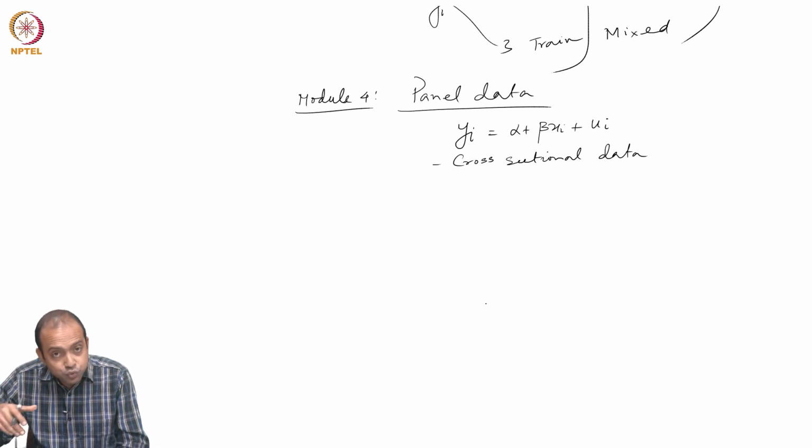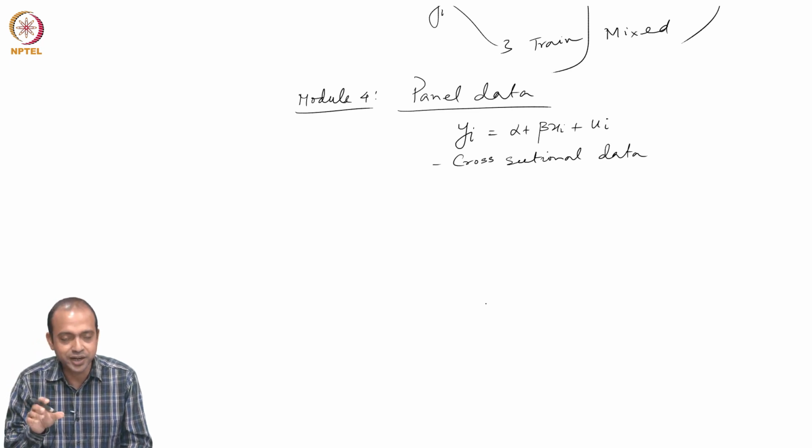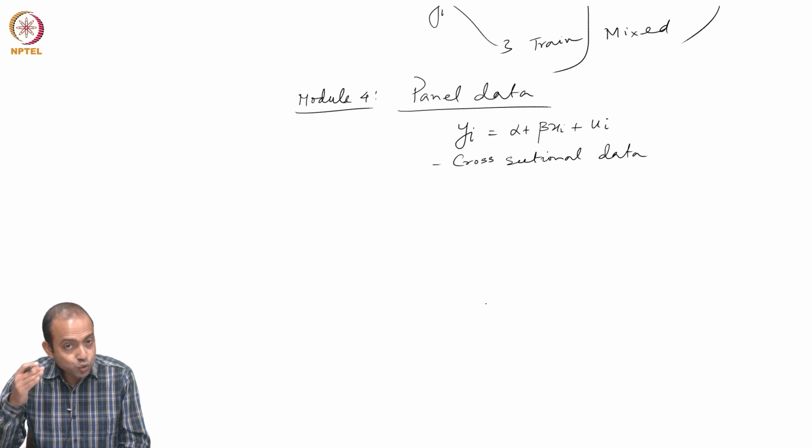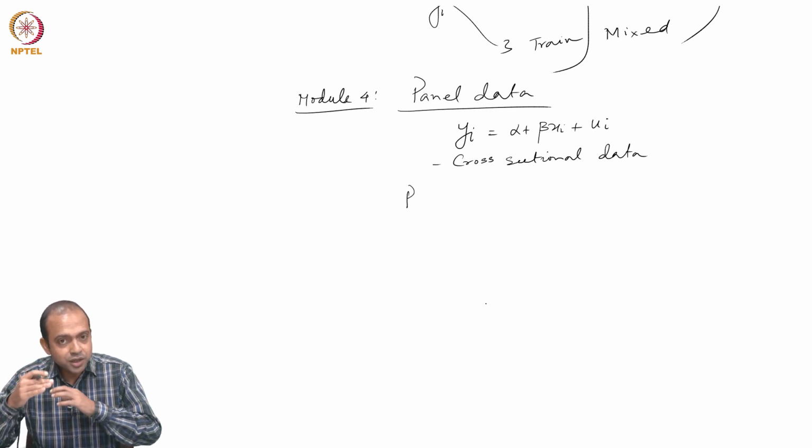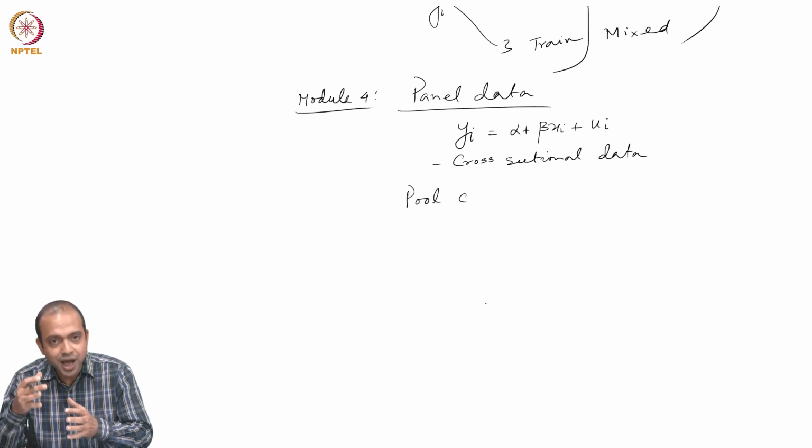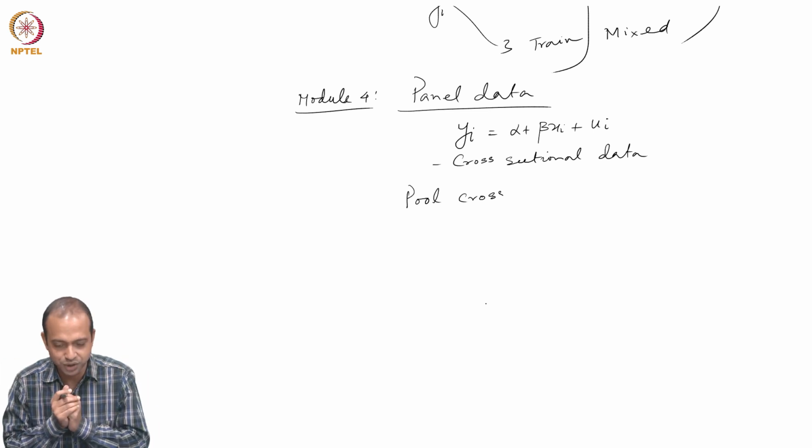And if such pooling happens for the same individuals, then we will call it panel data. So, we will discuss what the differences between pooled data and panel data are to start with.